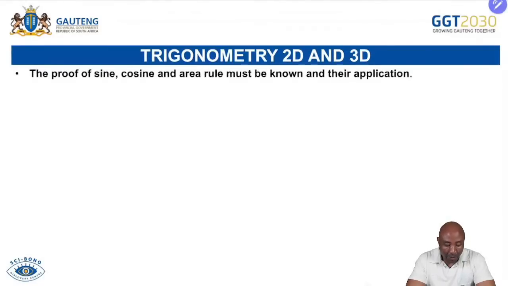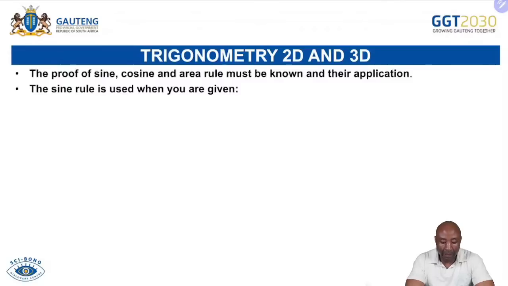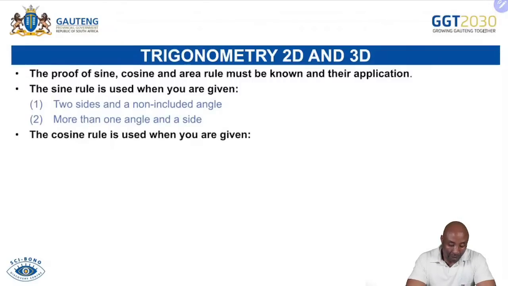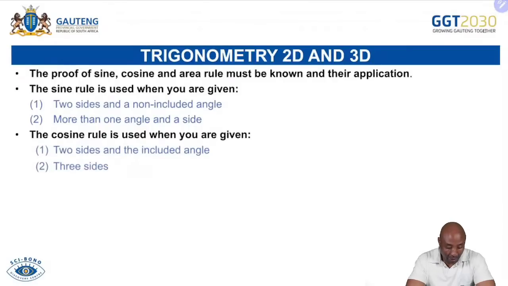Now, our trigonometry in 2D and 3D, we must know the proof of the sine, cosine, and area rule. The sine rule is used when we have two sides and a non-included angle, or when we have more than one angle and a side. Our cosine rule, we use it when given two sides and an included angle, or when we are given three sides.